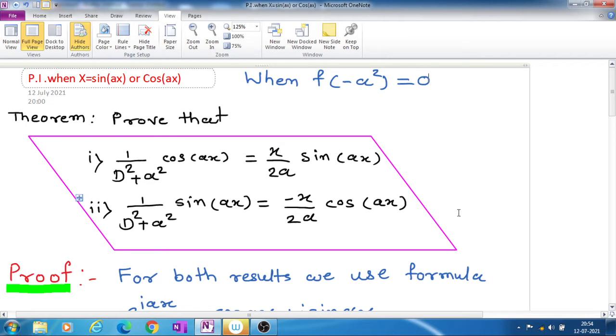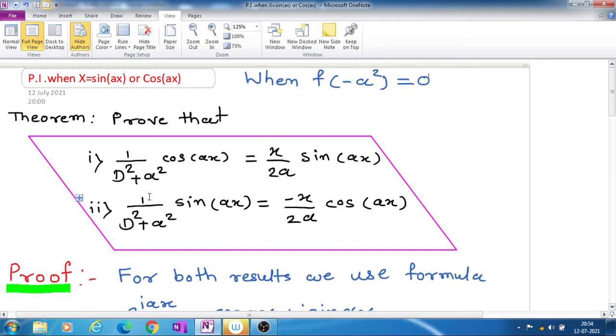So you see, when f of minus a square is equal to 0, then there must be a factor D square plus a square, so that when we put D square equal to minus a square, D square plus a square becomes 0.